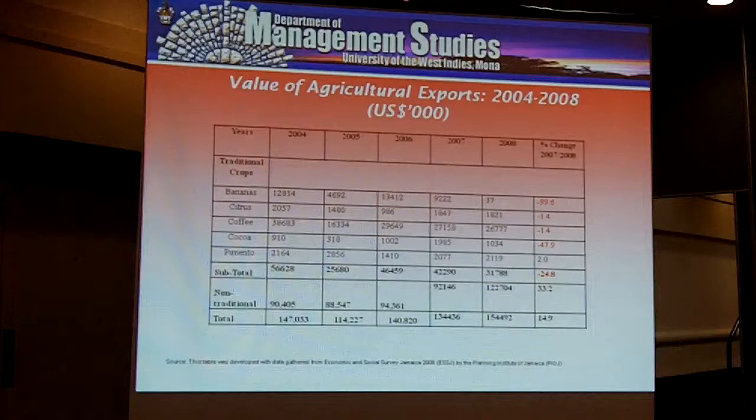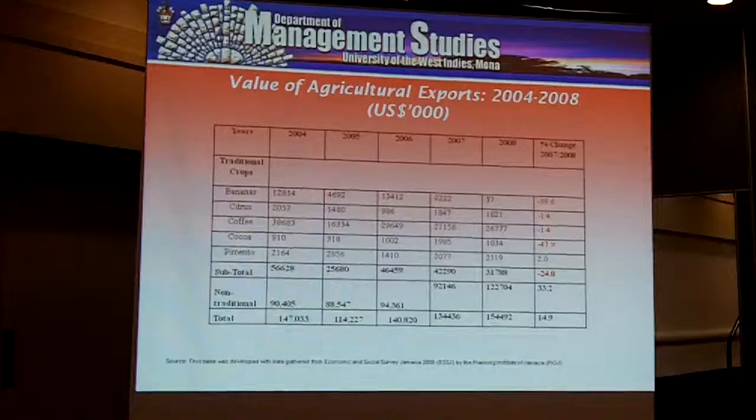And I've often asked myself the question, why are we not maximizing that fact, that reality? We're one of 8 fine-flavored cocoa producers in the world, but if you look at our cocoa production, it has been in sharp decline. But pimento is considered to be pretty good. So you recognize the challenge.